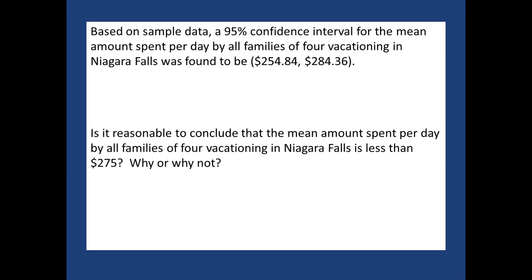Well, if you look at that interval, 275 is in it, or I guess the other way of looking at it is that part of the interval is above 275. So something like that. No, since part of the confidence interval is above 275, because the interval is supposed to give you a range of plausible values for the parameter, and with that interval, some of the plausible values are bigger than the 275, so that conclusion isn't going to work.